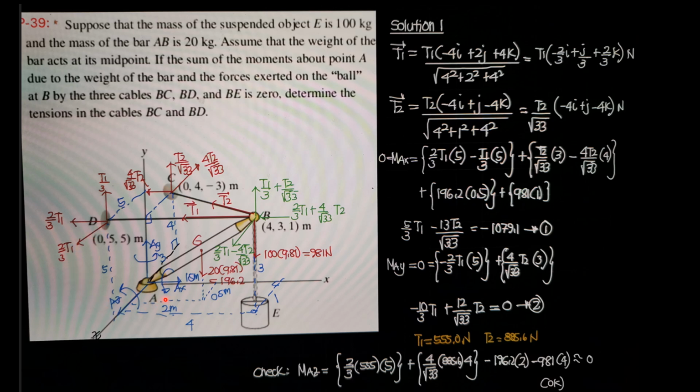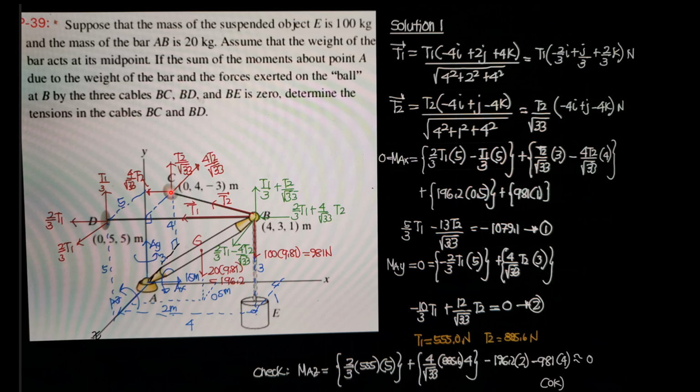That sense of moment is positive 2/3 T1 and the moment arm is 5. Take note that C and D lie on the yz plane because x is 0. So 5, 5, meaning this is 5 meters above the xz plane, and this is 5 meters in front of the xy plane, the z.